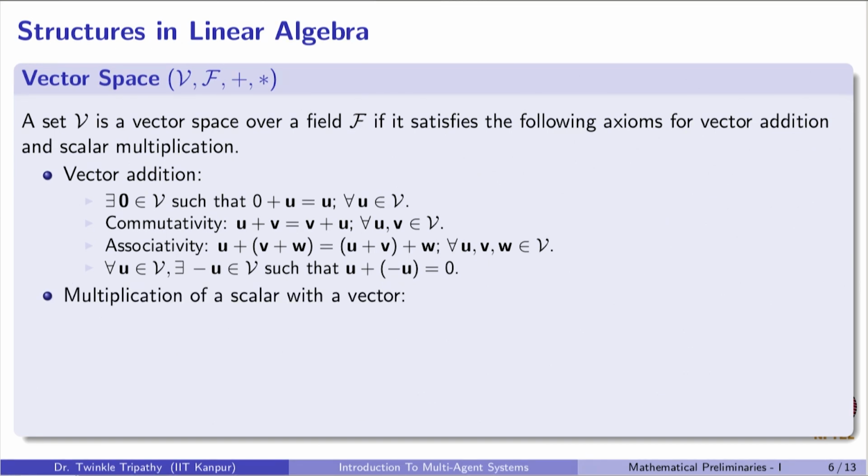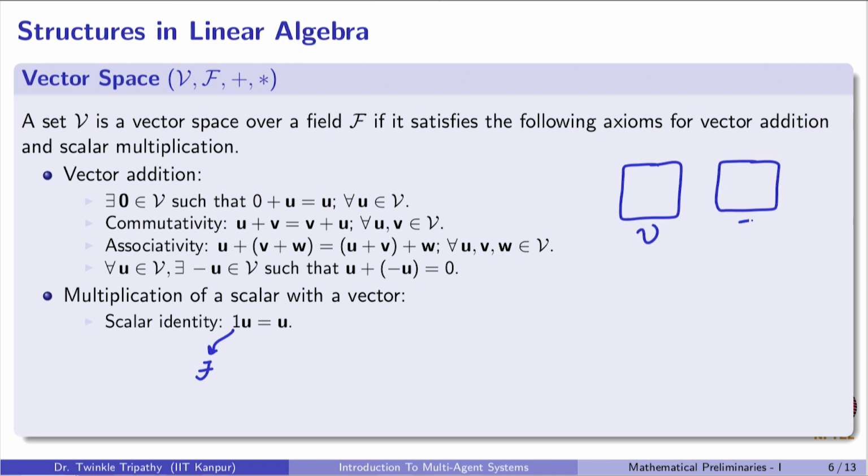So, the vector addition has to satisfy these few properties for it to be called a vector space. But there are a few properties that the multiplication also has to satisfy. The first is the existence of a scalar identity, meaning now there must exist some element which sits in the field. So, we have two spaces, let me call this V and F. Whenever I am adding, I am always taking the elements of V into account, but whenever I am doing a multiplication, I take an element and multiply it with an element here.